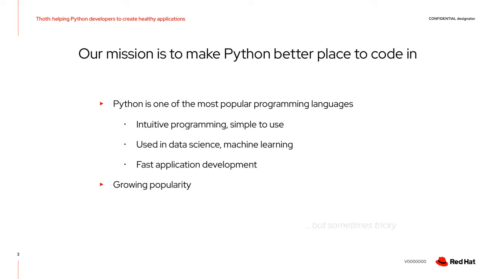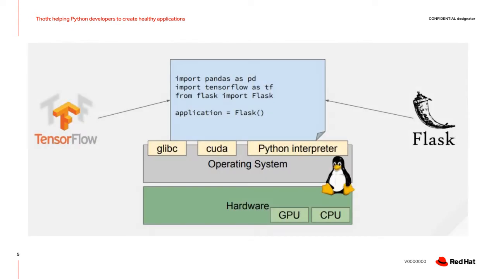But sometimes Python can be tricky. Let's create some artificial example in which we will use two libraries. One is Flask, a popular framework for building web services, and another library that we will use is called TensorFlow, a machine learning library.